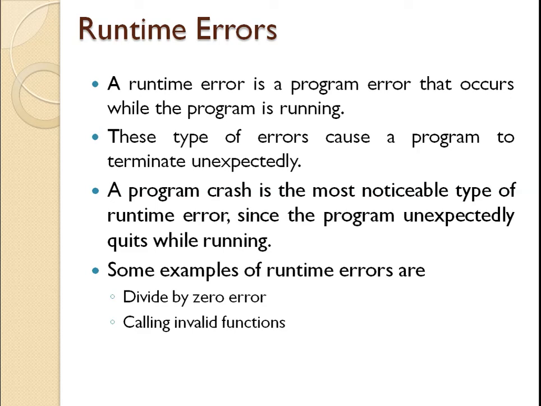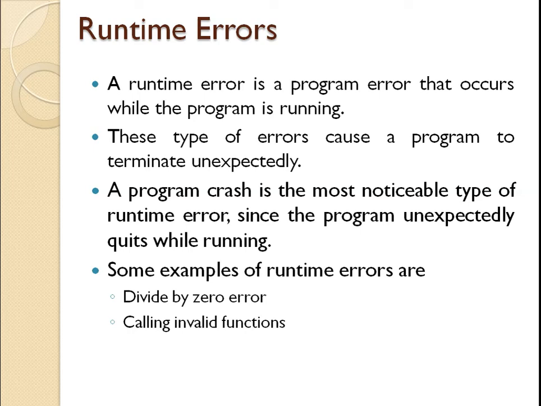Let us see some examples of runtime errors. The first one is divide by zero error. If you are dividing two numbers, suppose x upon y, and the user enters the value of y as 0, then the result cannot be calculated. So it will be a divide by zero error, and this error is reported at runtime because you have asked the user to enter the values of a and b to calculate a upon b.